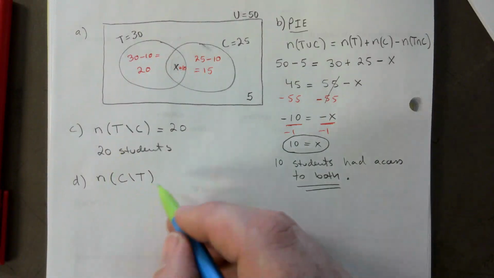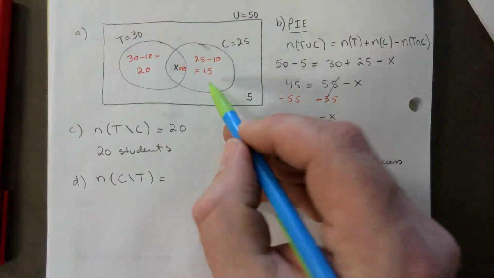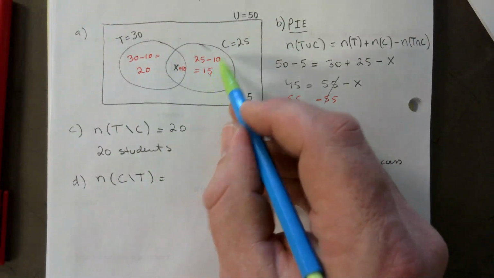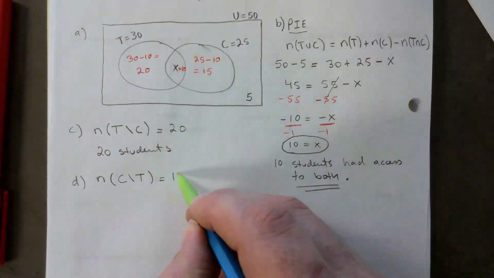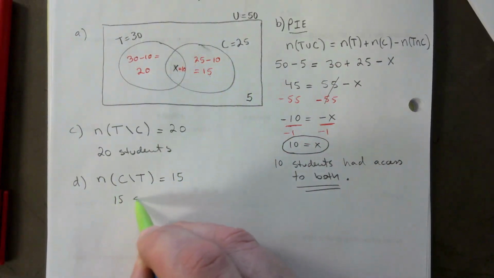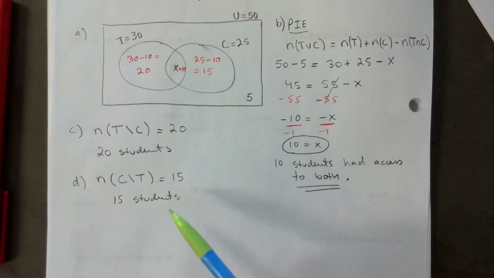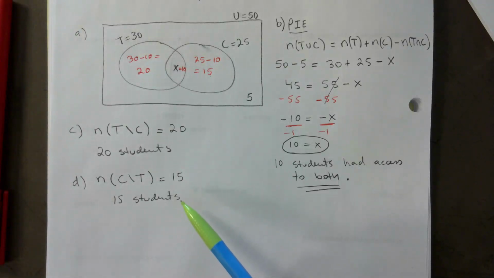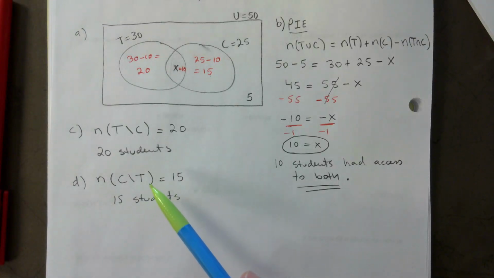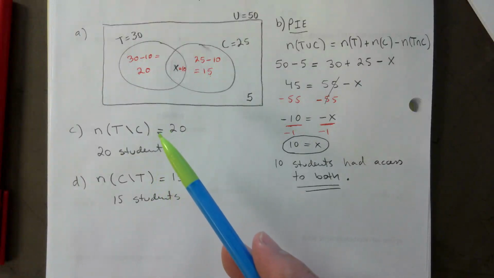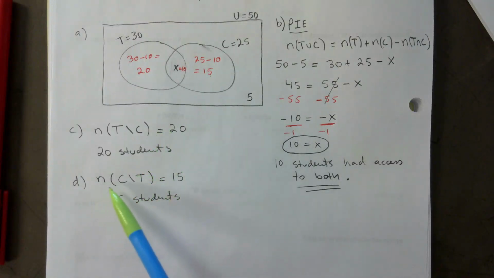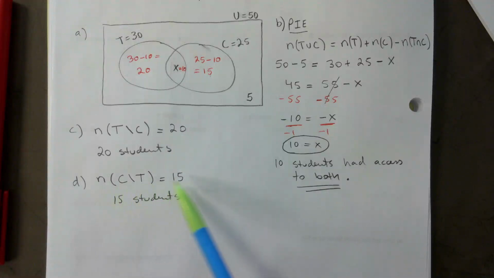It's not a big deal, but in that case, we're wanting only computers, right? So 15. So 15 students. So technically on a test, if you just told me 15 students, I'd be fine. But if on a test I tell you to write this statement using proper notation, then I need you to be able to do this. That's all.